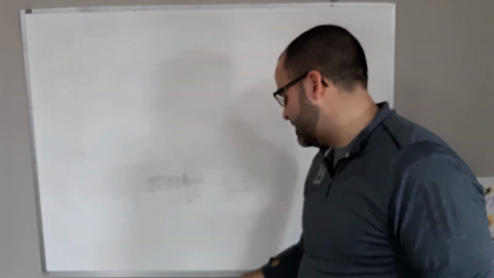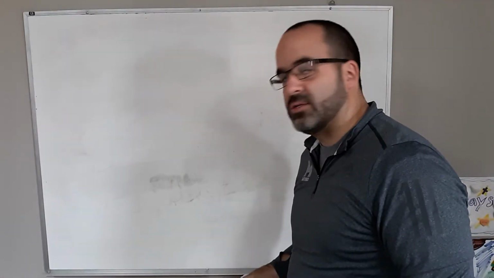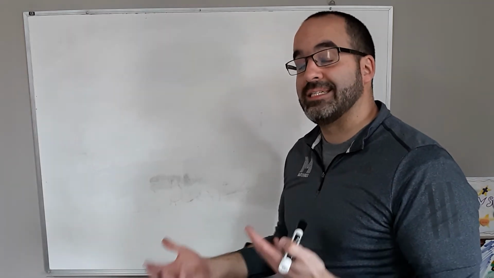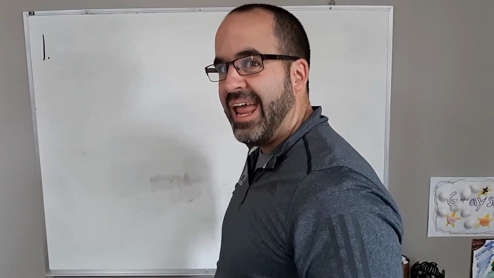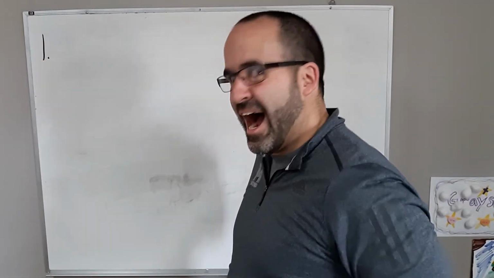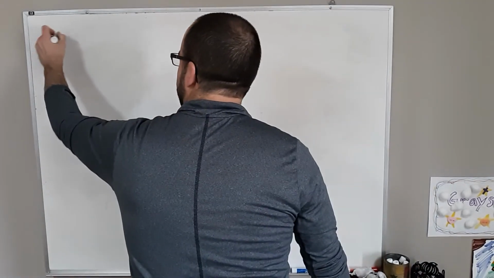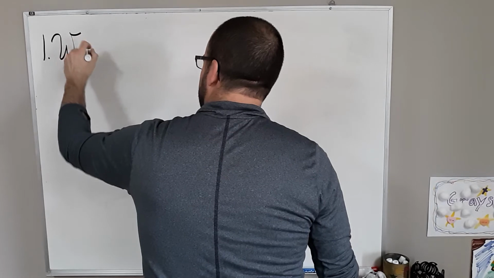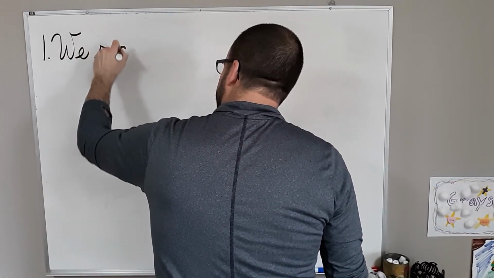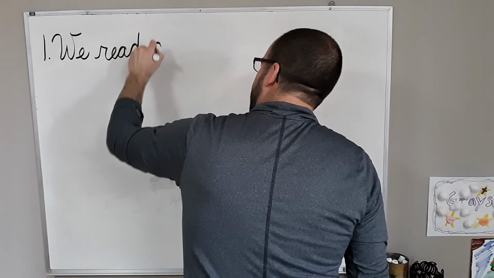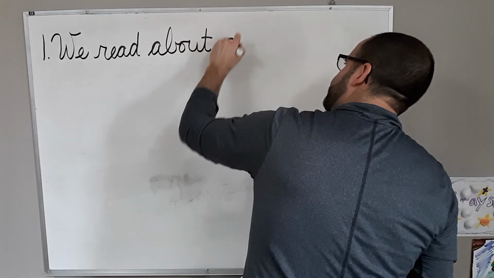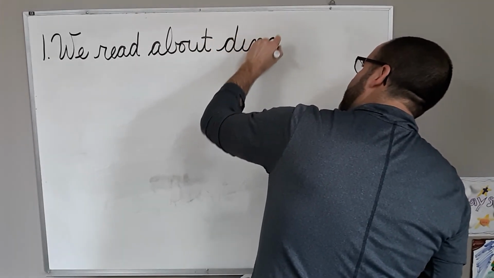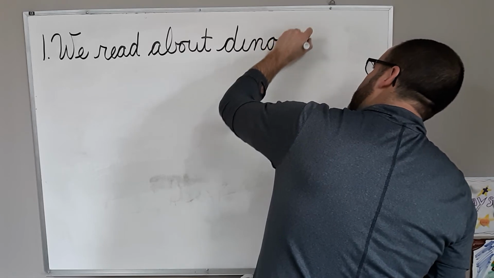Combining them like that. So let's do number 1 together. It says, we read about dinosaurs yesterday. We read about dinosaurs today. So we read about dinosaurs is the same in both sentences, so we can write that down on the line. And hey, even more exciting, let's write in cursive. We read about dinosaurs.